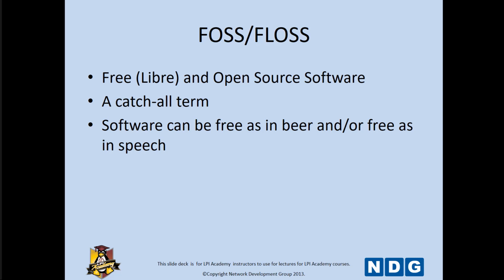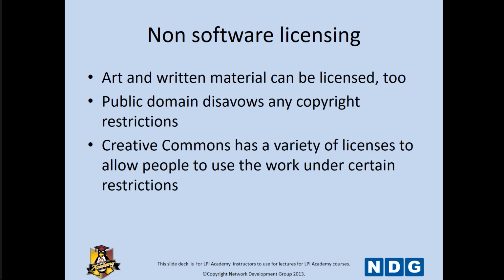We don't have a right to free beer, but you can get free beer sometimes. Non-software licensing, like art and written material, can be licensed too. Part of it is the public domain, which disavows any copyright restrictions. Creative Commons has a variety of licenses to allow people to use work under certain restrictions.